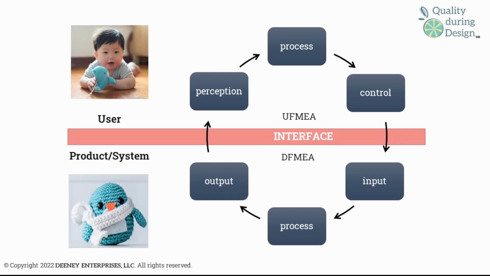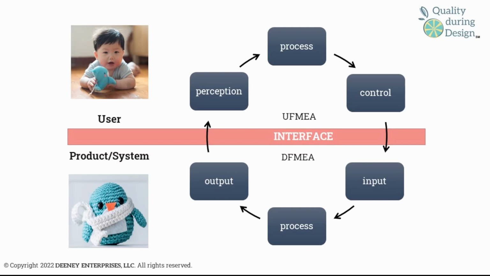On the other side of this, almost mirrored, is the process of the user. The user gets input. They're perceiving something from our product. They do something with our product and interact with it. And then they decide what kind of control or action that they want to take with our product.